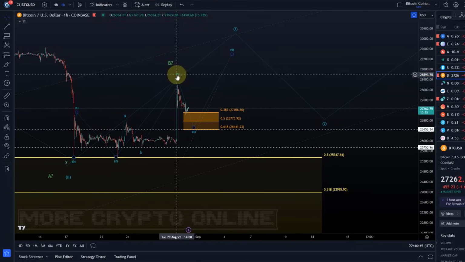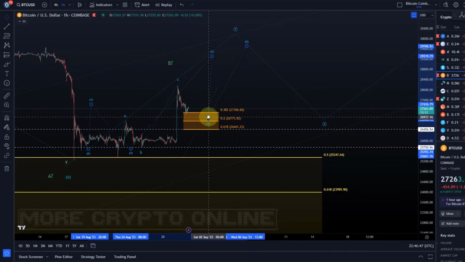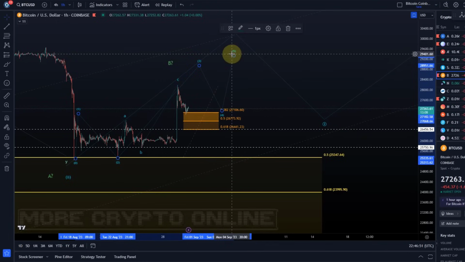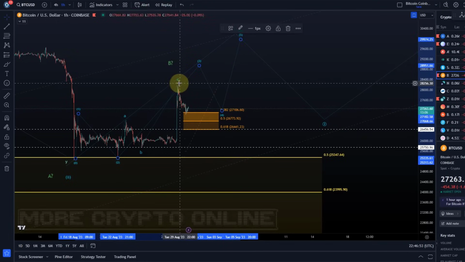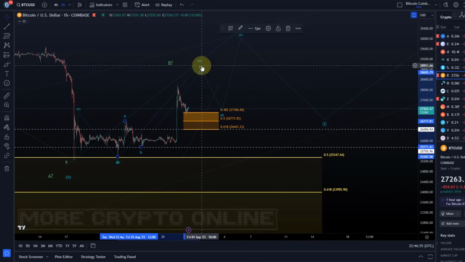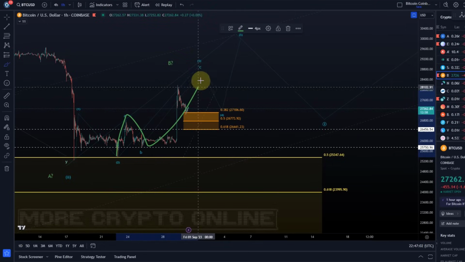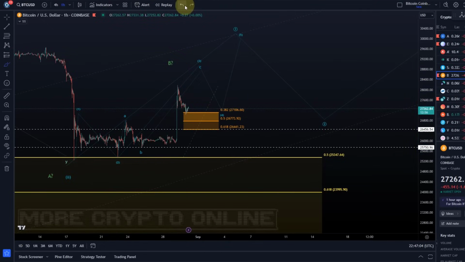And if we look at the third wave here, honestly, looking at the proportions, it is not unlikely it actually needs another high to complete a healthy third wave. In an A wave, a B wave, and a C wave is still in the making.